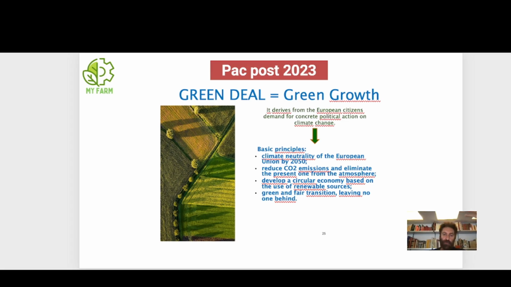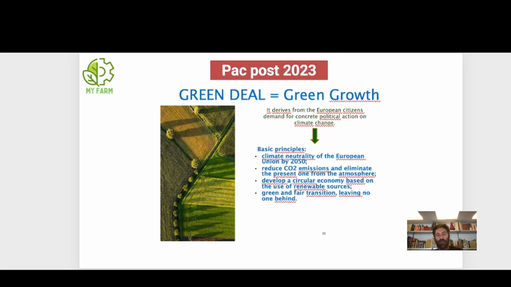At least 35% of funds for rural development measures are allocated to initiatives supporting climate action, biodiversity enhancement, and related targets. And each member state must design a national CAP strategic plan that demonstrates a higher environmental and climate ambition than in the previous period, aligned with EU-wide environmental legislation and the Green Deal targets.